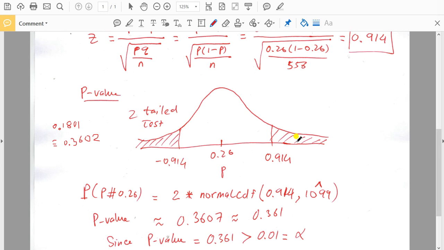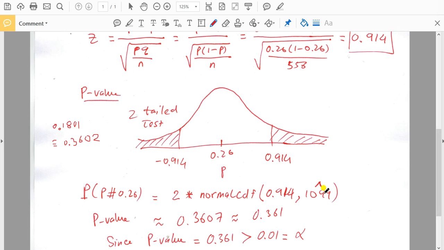I want to find the area from 0.914, which is the lower limit, and then my upper limit is all the way to the right, a huge number, which I input to my calculator as 10 to the 99. This is a good way to represent something huge that your TI-83 or 84 can handle.